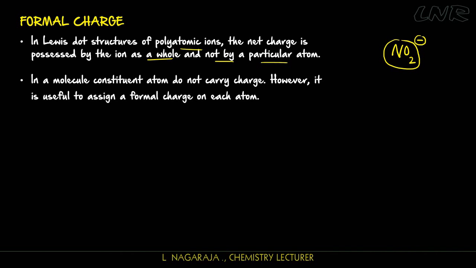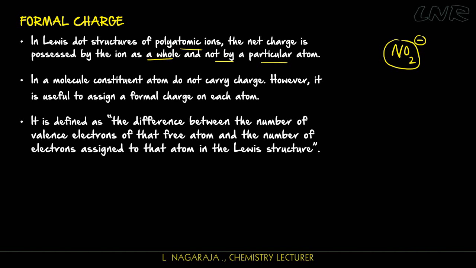So in a molecule, the constituent atoms do not carry any charge. For example, let us take the nitrate molecule. In the nitrate molecule, the nitrogen atom and oxygen atom do not carry any charge. However, it is useful to assign a formal charge on each atom.